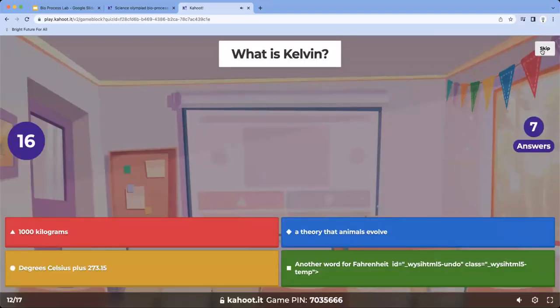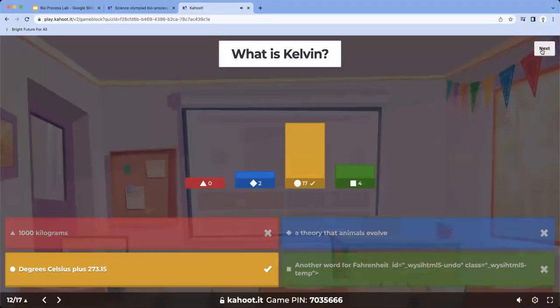Is this covered in bioprocess lab? Kelvin is a measurement of heat. This is useful to know, though, so know it, I guess. Yeah, that's the correct answer. I don't know what happened to green. We can move on.